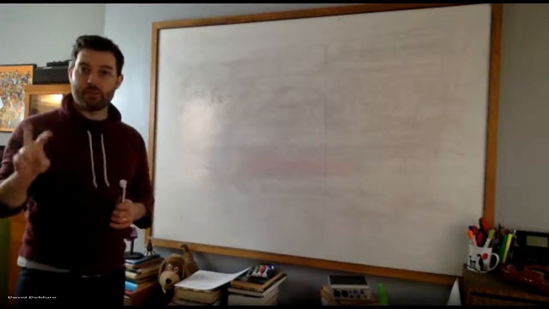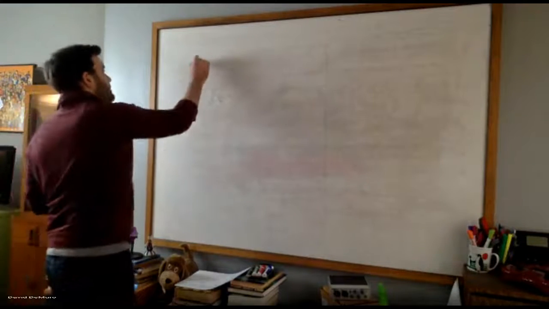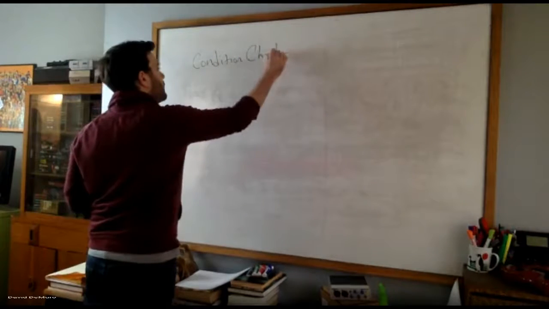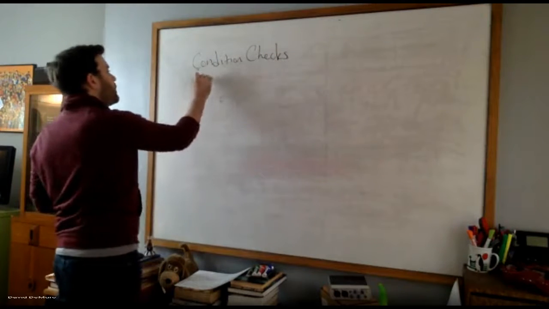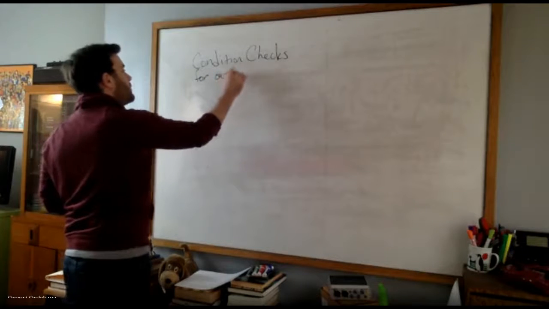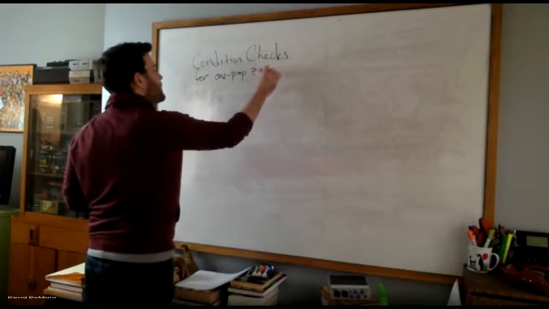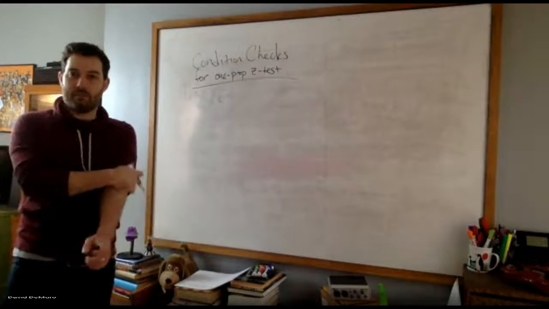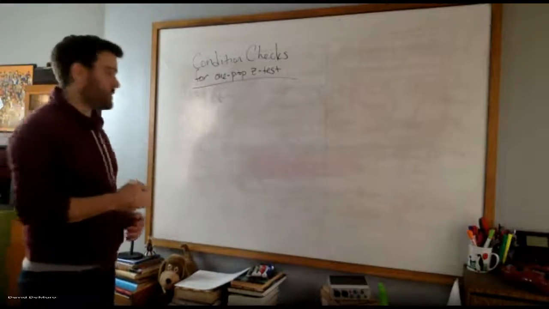And in step 2, you're going to go through the conditions. So these are the condition checks for a 1-prop z-test. Fortunately, they're basically the same as they were for the 1-prop z-interval back when we calculated confidence intervals.